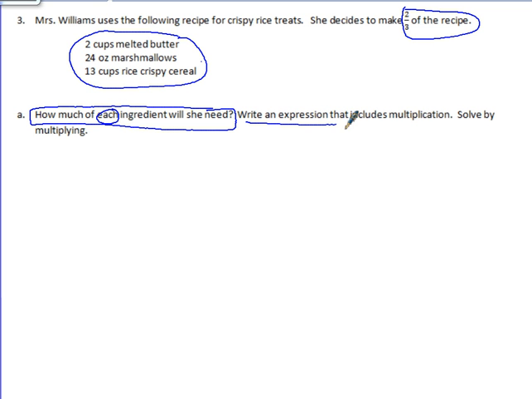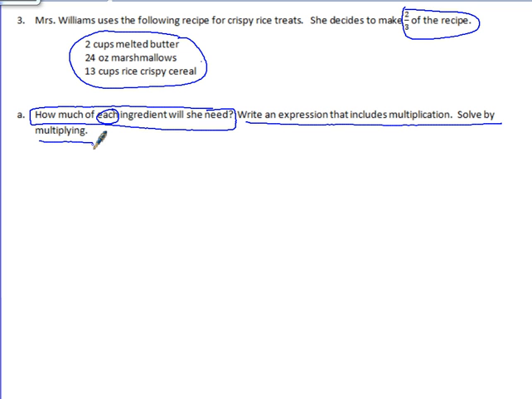We need to write an expression that includes multiplication and solve by multiplying. Now you're not going to want to make a giant expression with these ones as we did in the last one, because cups, ounces, and then cups again are not equal units. And we're not going to be adding the melted butter, marshmallows, and Rice Krispie cereal to come up with a total number of everything. We need to find out how much of each, okay?